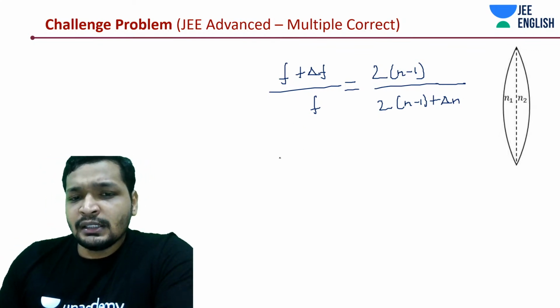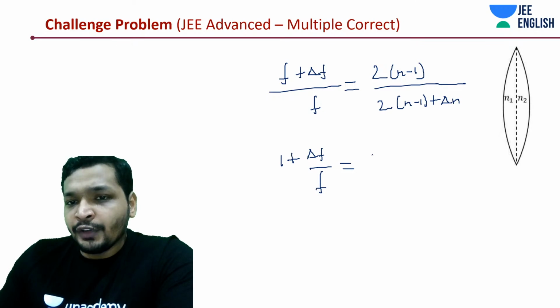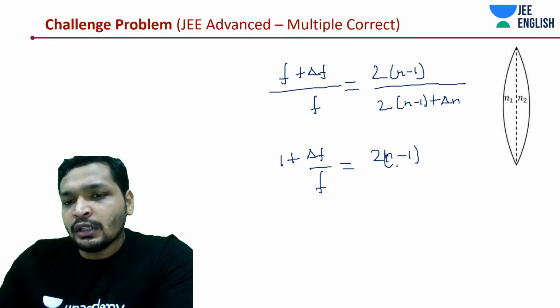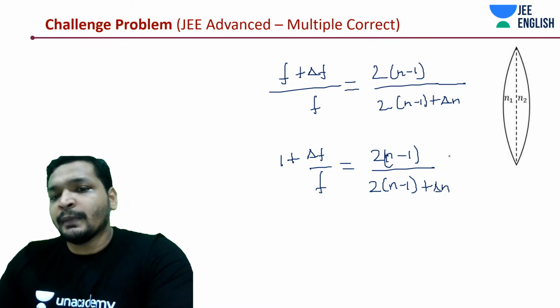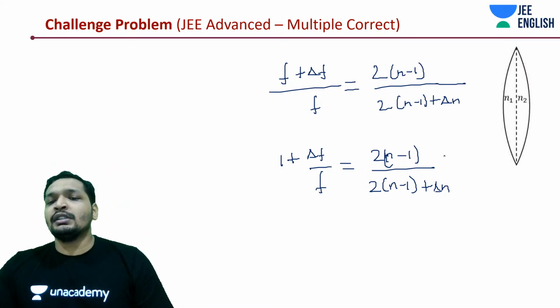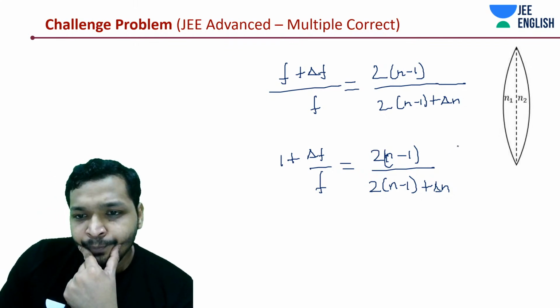So just expand this, so basically f by f and delta f by f, and so we'll get a relation if you solve this. 2n minus 1, and this also 2n minus 1 plus delta n, and if I take this minus 1 to the other side, if you notice, it would become 2n minus 1, the 2n and minus 1 would get cancelled out.